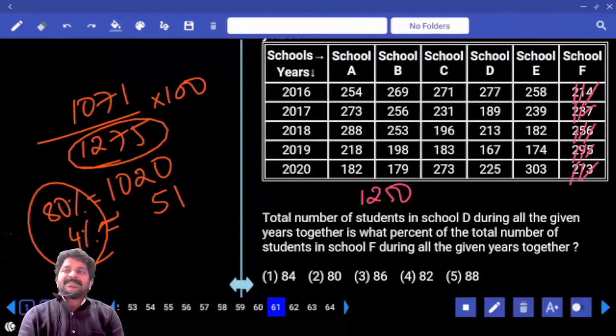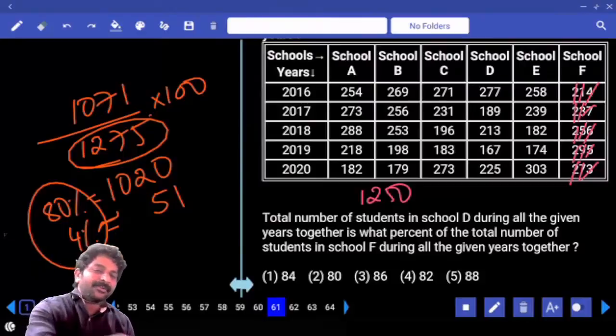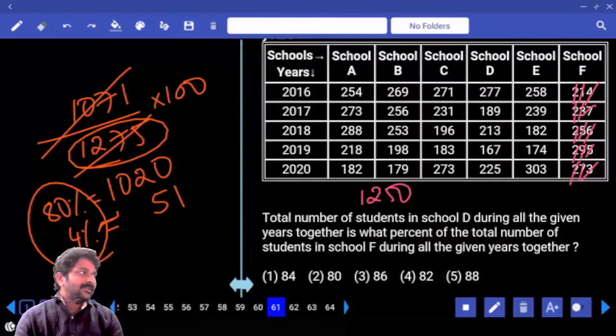If you go for cancellation, it takes a lot of time. Always try to get the answer by using the denominator only. Everybody who is writing the examination will go for cancellation only, or else they will try to go for multiplication rules.